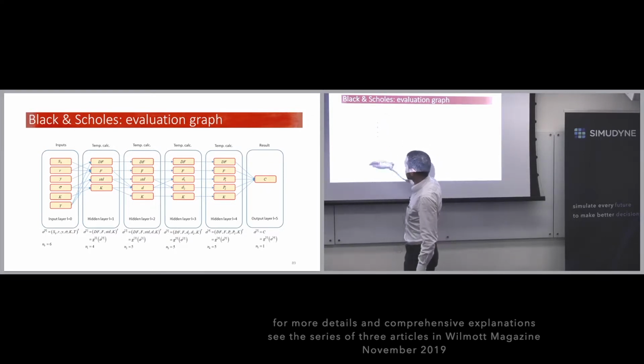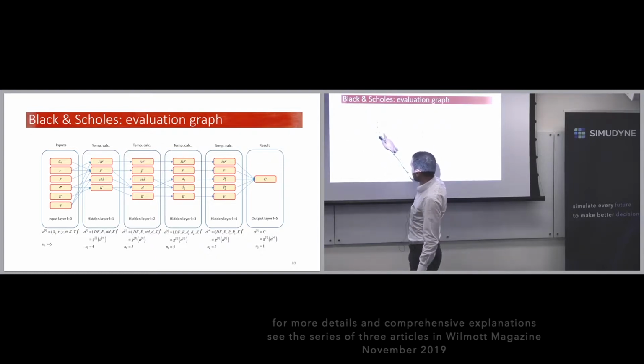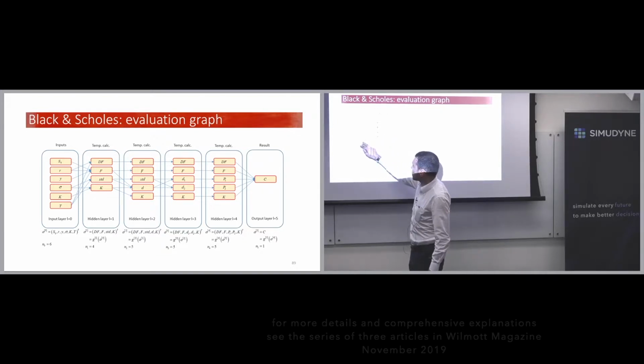That's exponential of minus R times T. Then I have the second element, that's the forward, that's the spot times exponential of R minus Y times T. The third one is the standard deviation, that's sigma square root of T. So that's expressed here. And the last one is just identity applied to the strike to carry it over.